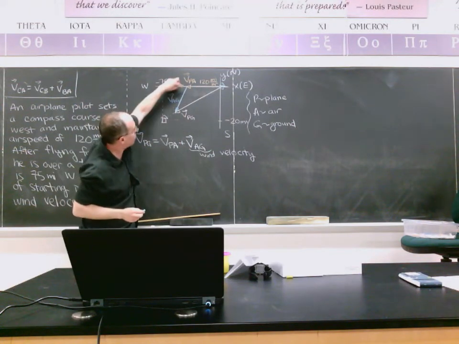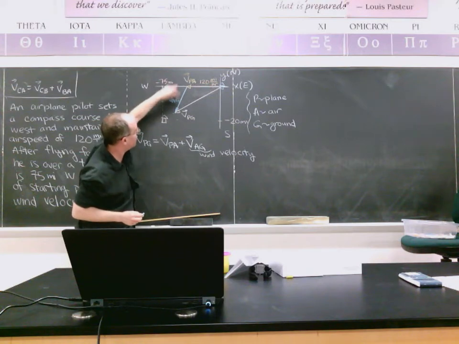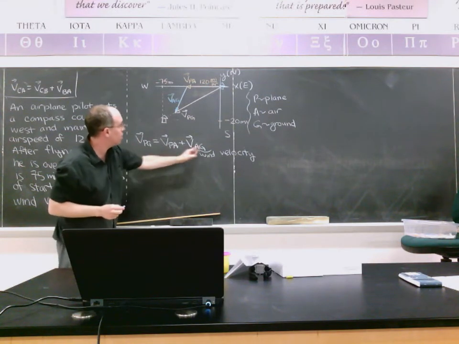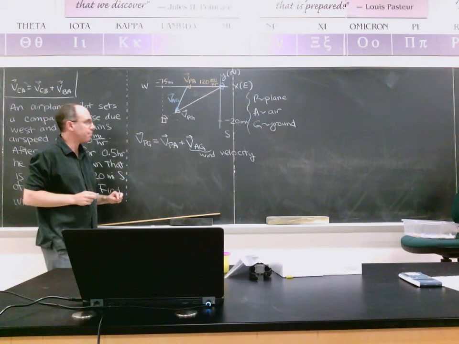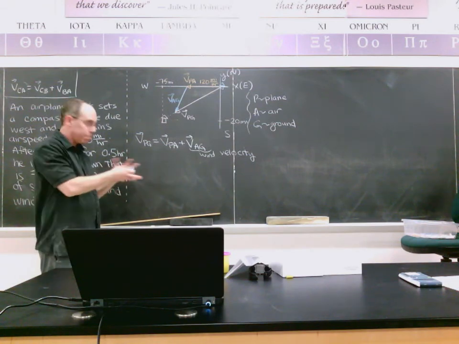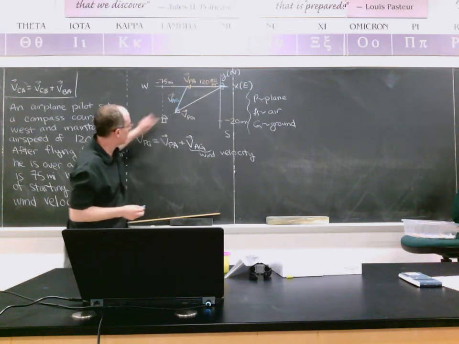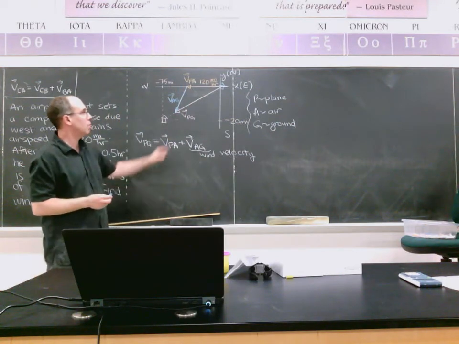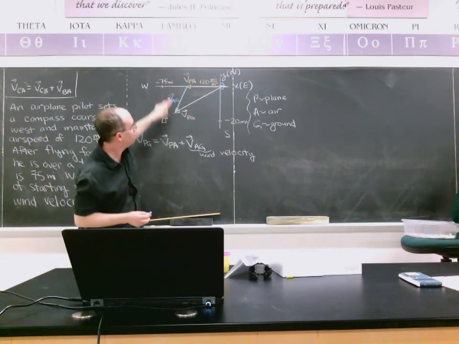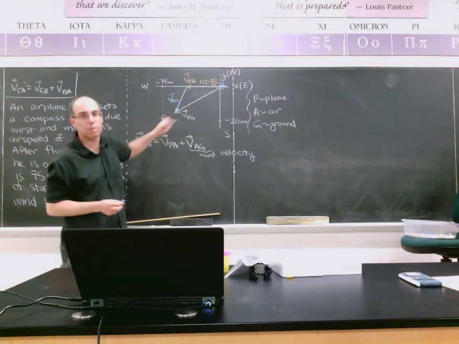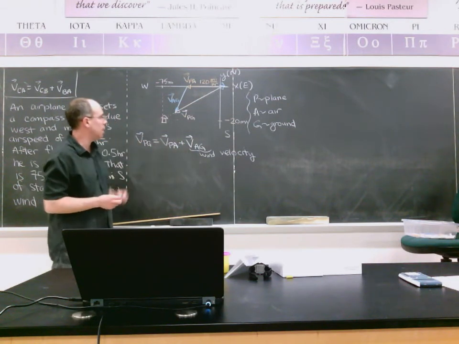So velocity air with respect to ground must be the vector that fits in here to make the sandwich rule work. Okay? So pause a moment if you like, and then just compare this picture to the way I've written out the sandwich rule, and you'll see that this set of three vectors combined like so is consistent with the sandwich rule.